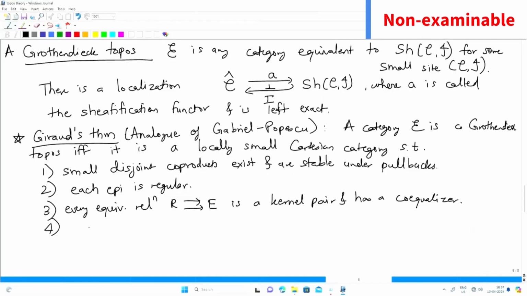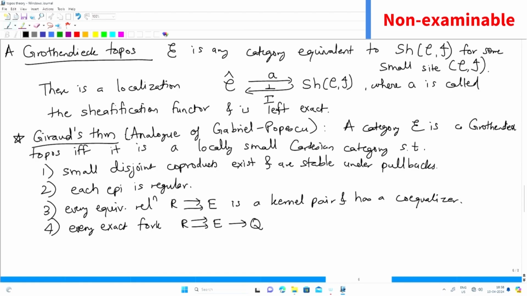Okay, the fourth condition is about short exact sequences. So every exact fork means something like this. The morphism from E to Q is a co-kernel, a co-equalizer, of this pair of morphisms from R to E, and this pair is the kernel pair of the other morphism.